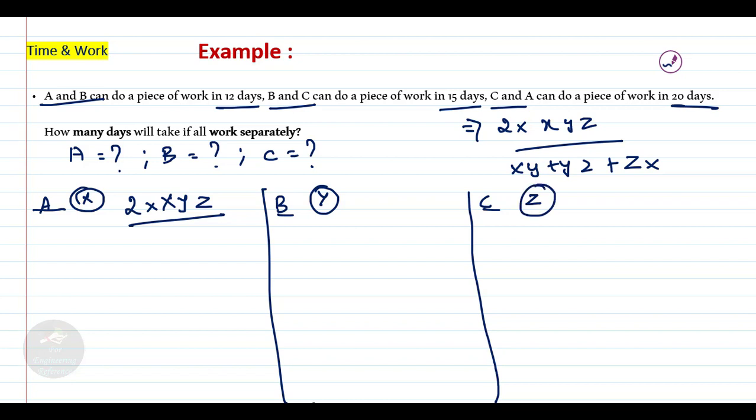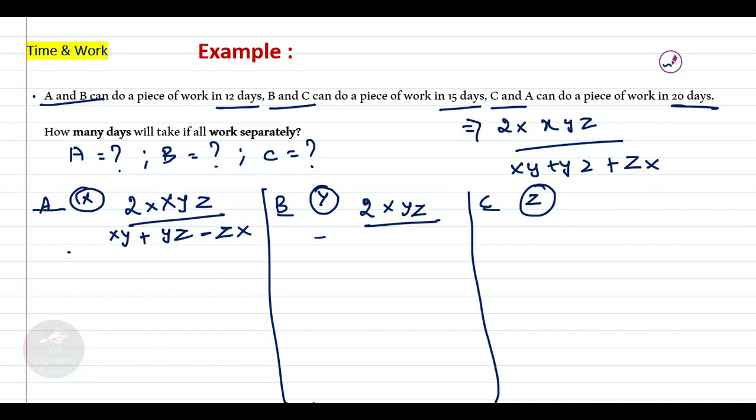Okay, to find C, here we know xy plus yz minus zx. We can recreate the formula to find B, 2 into xyz.